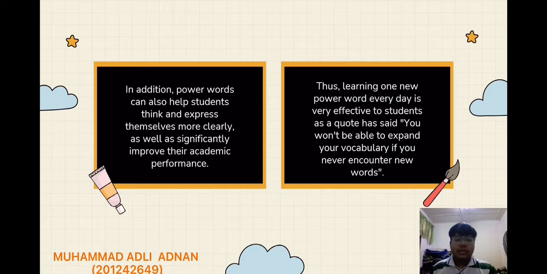Thus, learning one new power word every day is very effective for students. As a quote has said, you won't be able to expand your vocabulary if you never encounter new words. Next, I will pass to Atika.